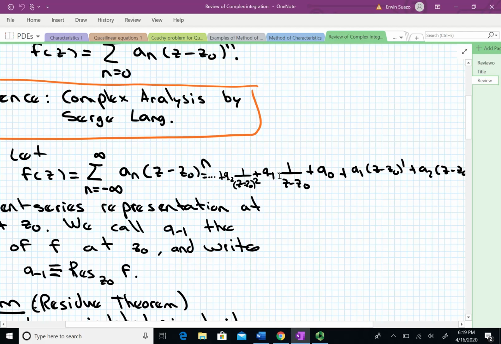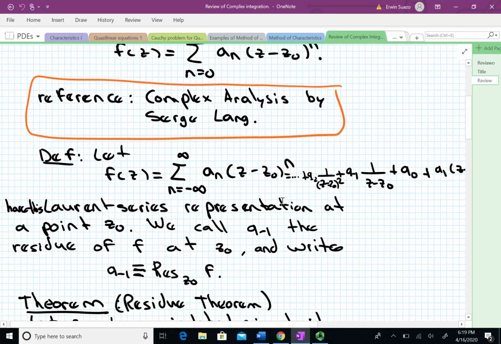You have a minus 1 times 1 over c minus c0, plus a minus 2 times 1 over c minus c0 squared, and so on. This is called the Laurent series representation at the point c0, and we call a minus 1 the residue of f at c0, and write it in this form.